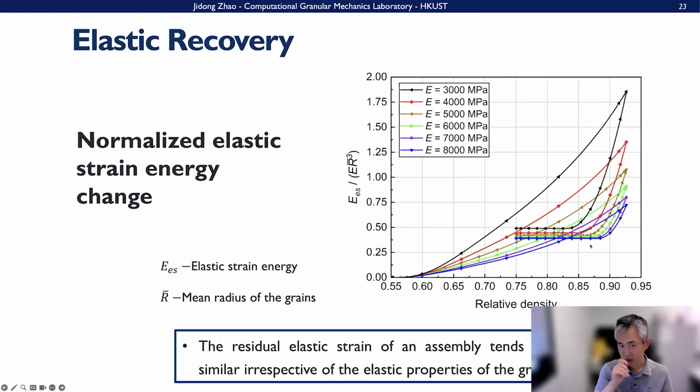We can also look at the so-called residual elastic strain. These are similar plots at different Young's modulus, and this is the residual one, where we do a loading and then unloading to look at the residual strain. As an assembly, the patterns tend to be similar, of course affected by the Young's modulus, but the pattern is quite similar from the simulation.